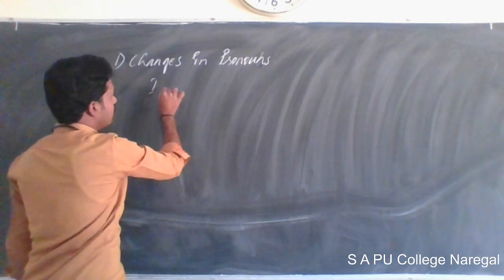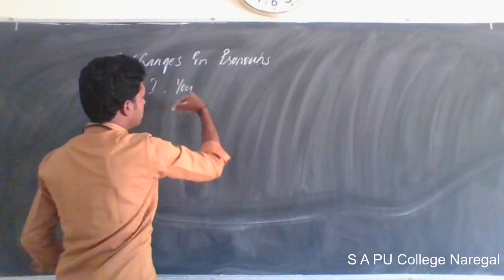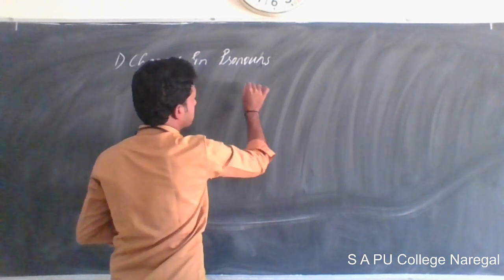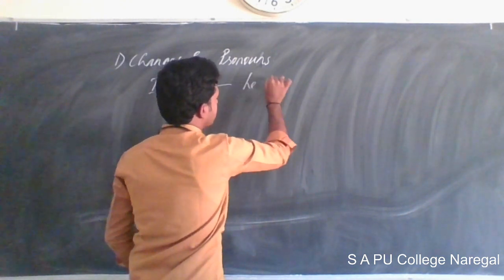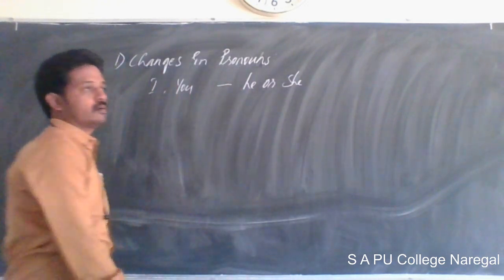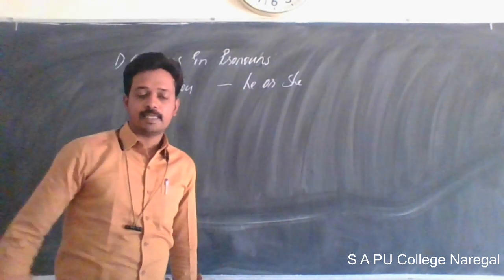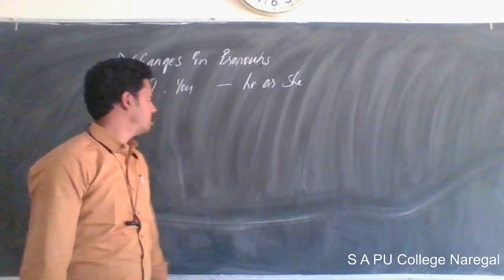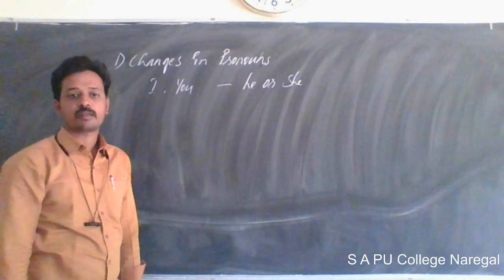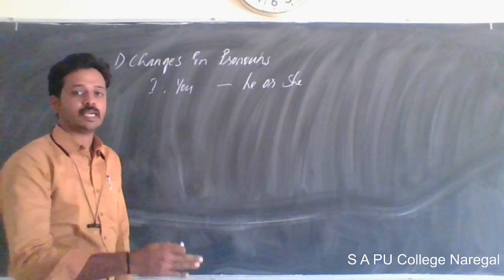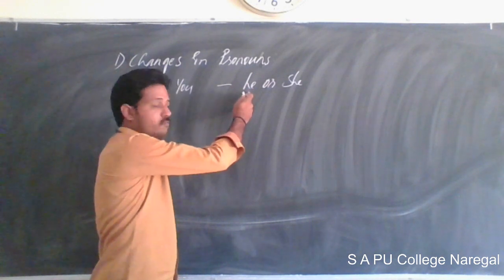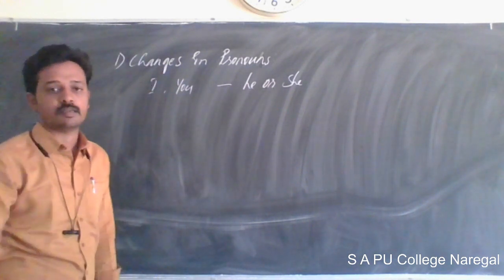I and you in the direct speech become he or she. As I have already given an example regarding the particular pronoun, "I am unwell" becomes "he was unwell." If the gender is male, we can use he. If it is female, we can use she.